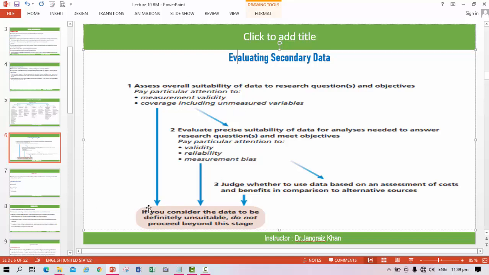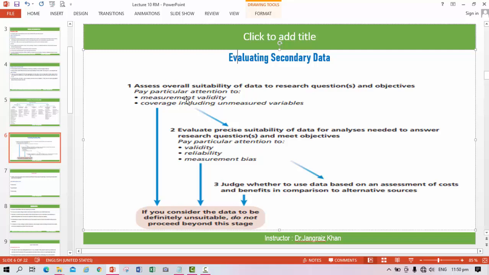If you consider the data to be definitely unsuitable, do not proceed beyond this stage. If you see that it has not been properly measured, or it includes some unmeasured variables which do not fit your study, then it is better to leave the data and not proceed further.